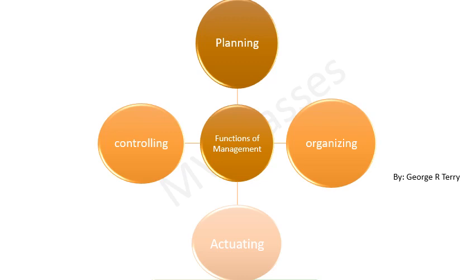Mainly in planning we can also include the organizational objectives, the formulation of plans, the policies or strategies, and mainly the procedures and the schedules to achieve the desired organizational objectives.